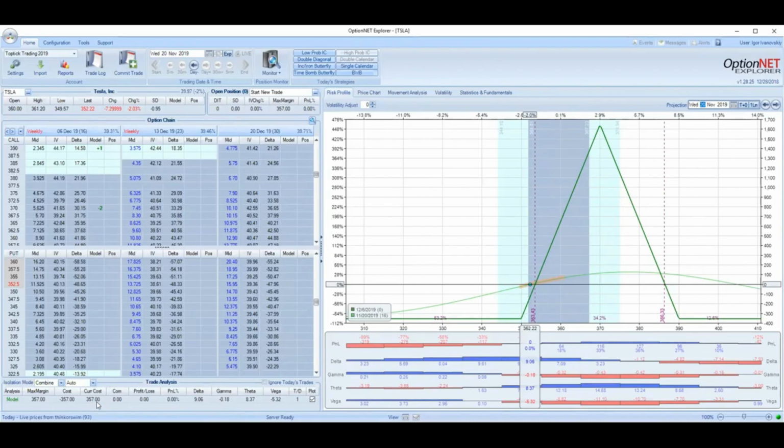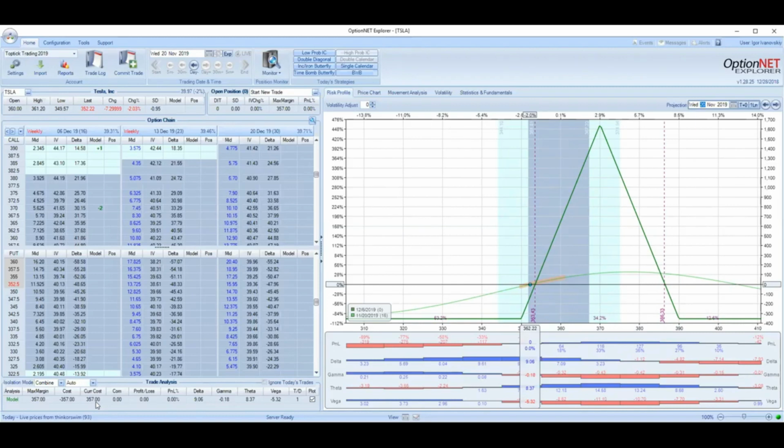So if my total risk per trade, according to my trading plan, was don't lose more than $1,000 per any trade, knowing that each butterfly could lose, if I lose 100% of my debit paid, I'm out $357, then I will probably size my trade accordingly. I wouldn't go more than 3 contracts.